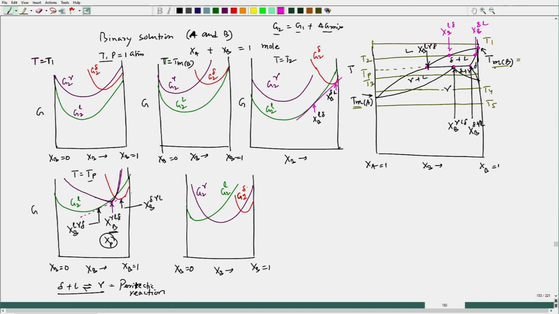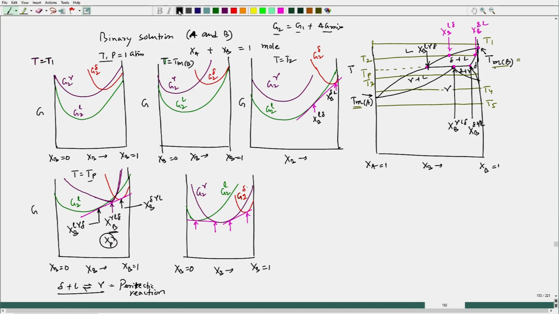Here in case of T equal to T P, the common tangent was here, which is passing through all 3 free energy composition plots, but here we will have 2 common tangents, this is one, another one is this one. So, we have 4 compositions, okay.